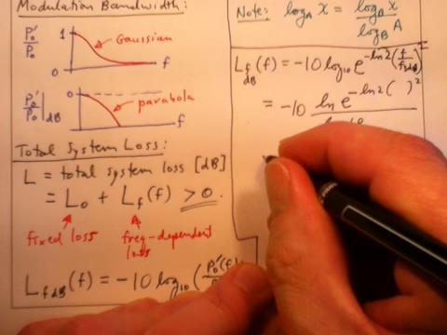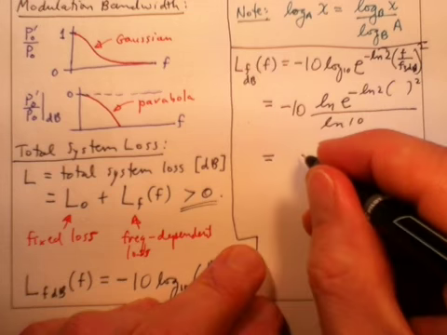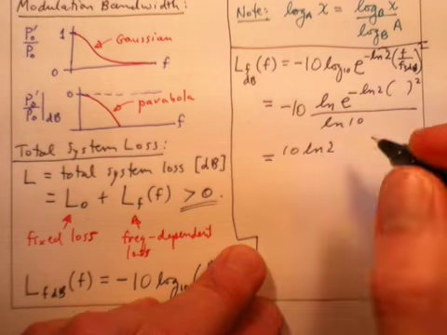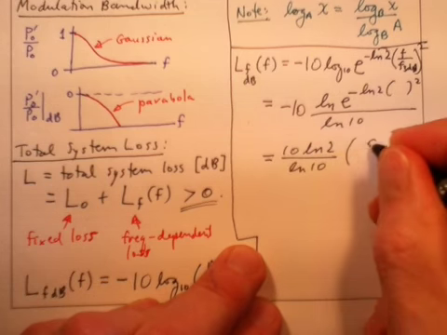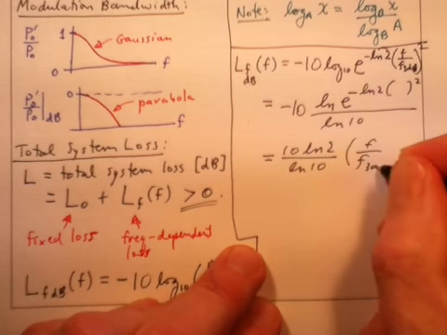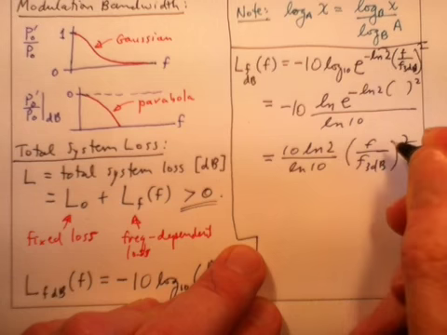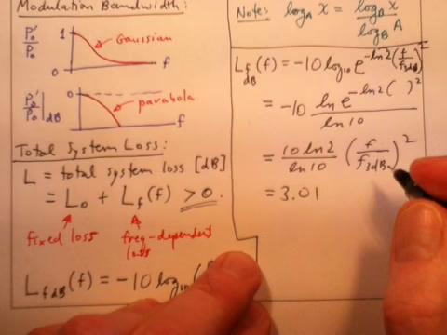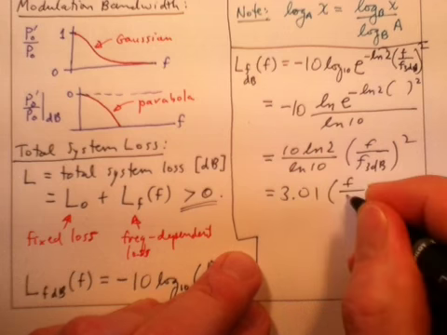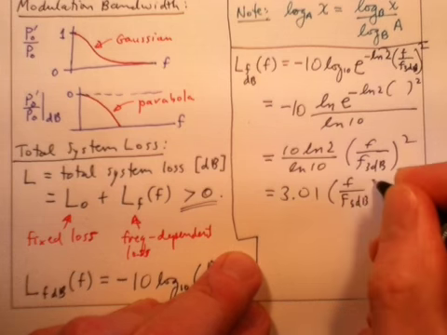And so finally this comes out to be 10 ln 2 over ln 10 times f over f3 dB, quantity squared. Finally this is 3.01 times f over f3 dB, quantity squared.